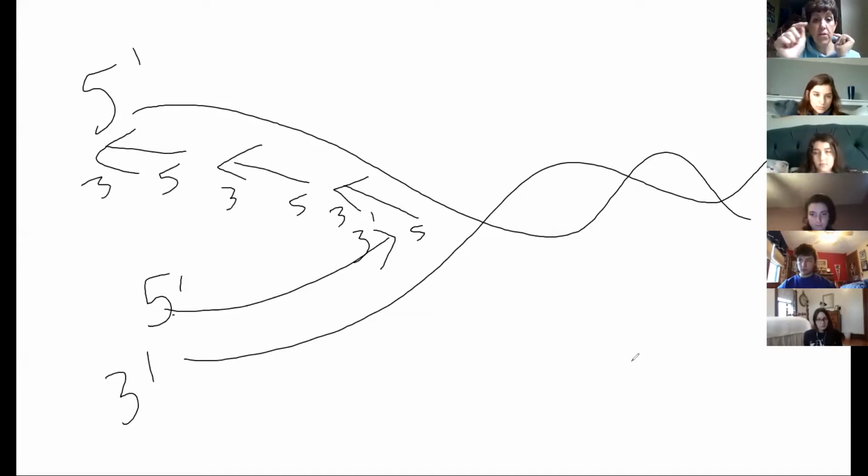They're all going 5 to 3 because they're all being made away from the fork in discontinuous fragments. Which one? I'm going to hold my little cursor. Is this number 1 or is this number 3? Do you see my cursor or no? Is this built first or last? Last. Got a zipper.